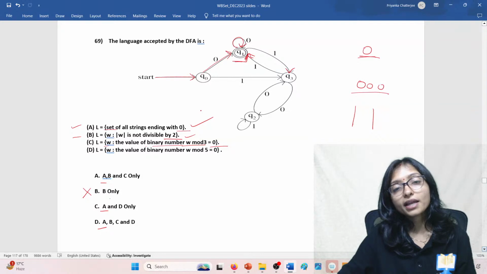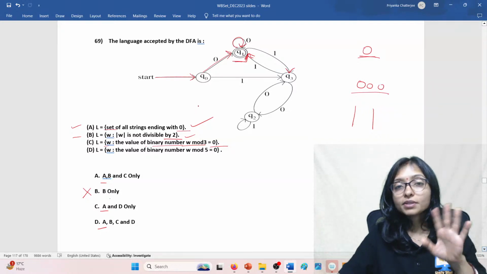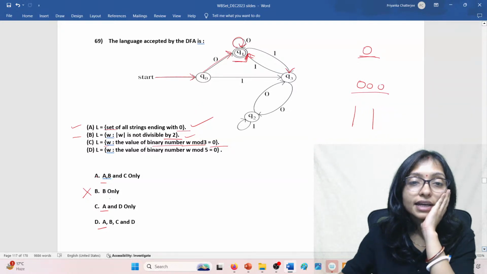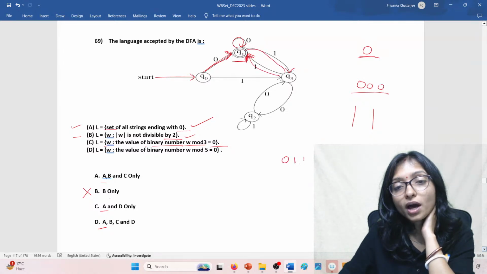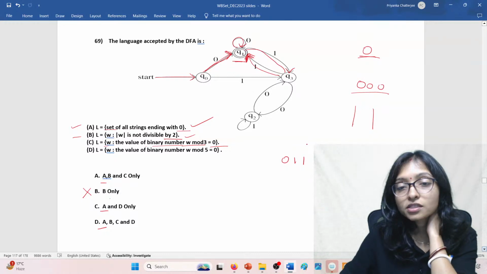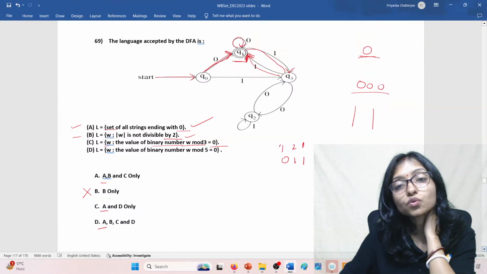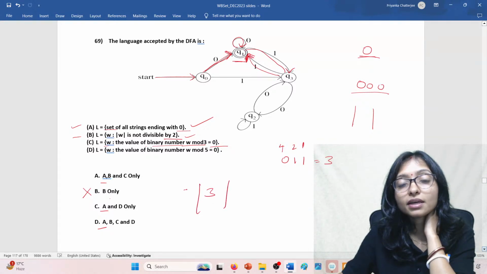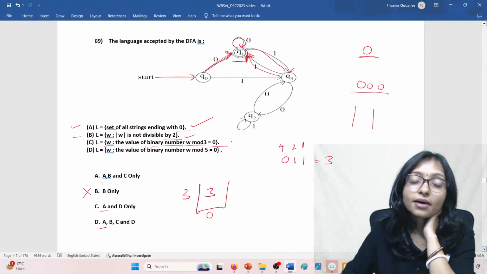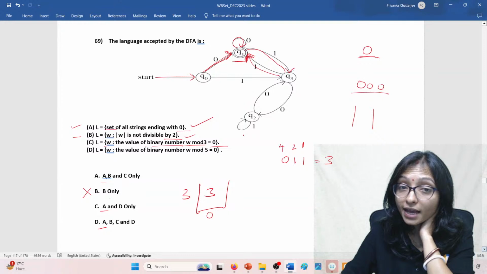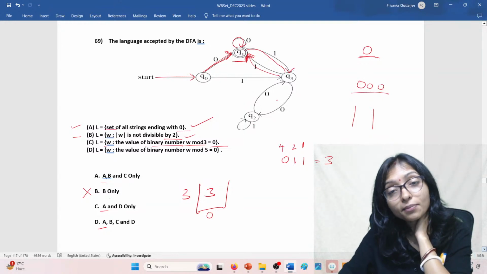If I convert binary to decimal, then that will be 0 only. Other than that, can you accept any other value or not? See, I can accept here 0, then 1, then 1. So 0, 1, 1 is accepted here. 0, 1, 1 means 1, 2, 4. This is 0, 1, 1, which means 3. So if I do 3 mod 3, it comes 0. So the value 3 will be accepted. We can say maybe it is accepted.